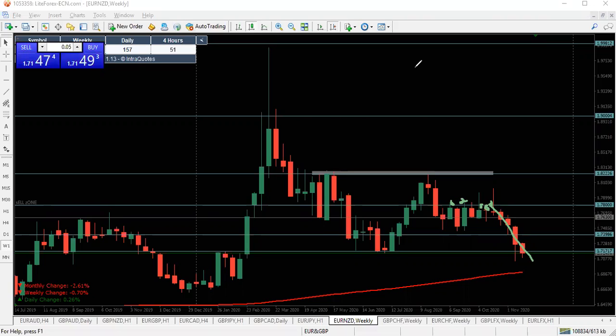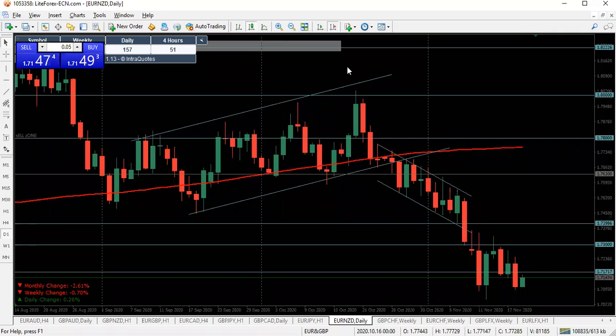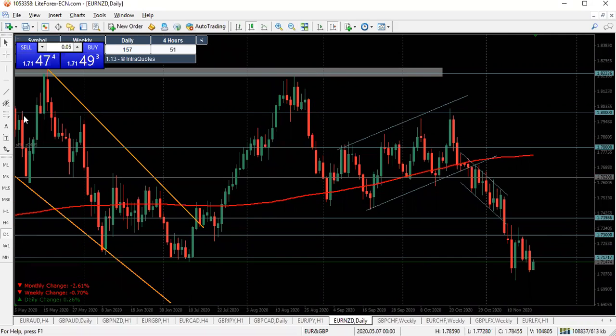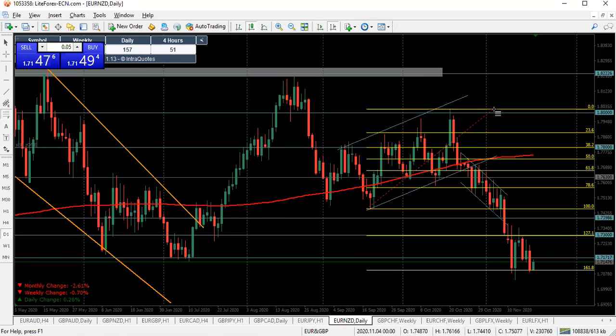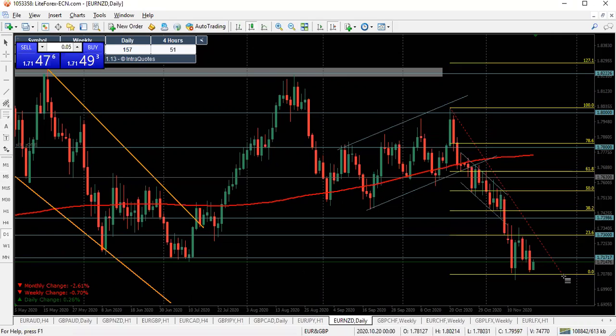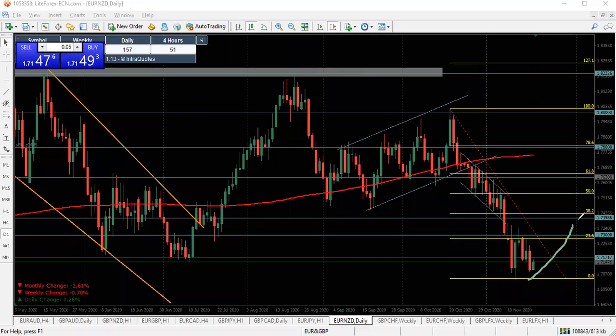Okay, I do not really know what its plans are, but what I do know is that it should be on its way to completing the pattern of the 161.8 Fibonacci level, as you can see, guys. And I would really love to see price at least retrace up to the 61.8 Fibonacci structure.